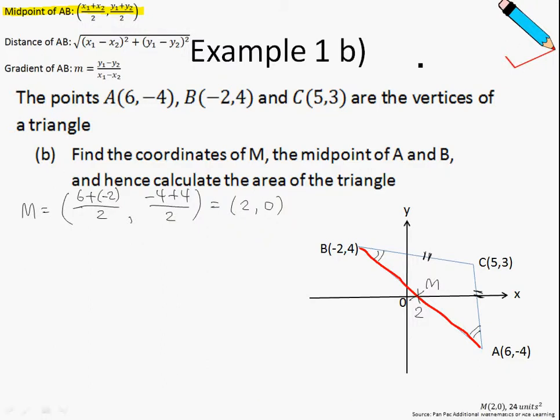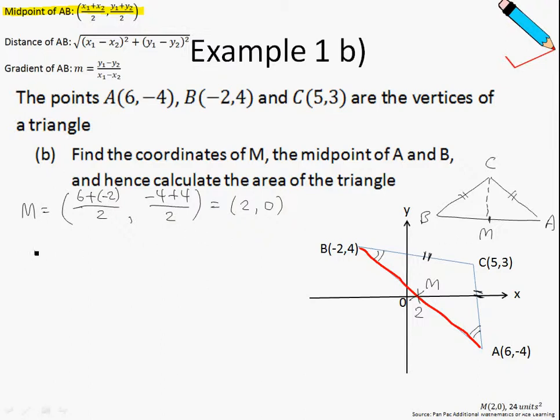If it's not too clear to everyone, let me redraw the diagram and tilt the triangle a little bit so it's more obvious. So suppose C is here, B is here, and A is here. Then M is actually directly below C, because M is the midpoint of AB and the triangle is an isosceles triangle. Therefore, the base that we're looking at is distance AB.